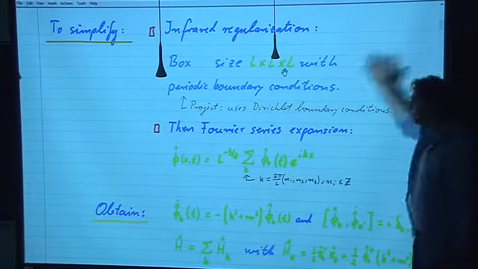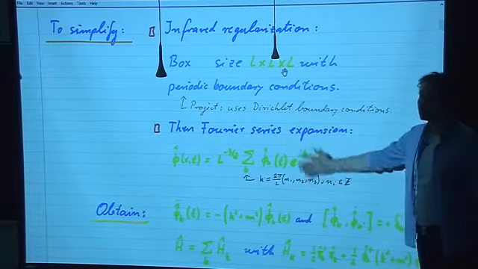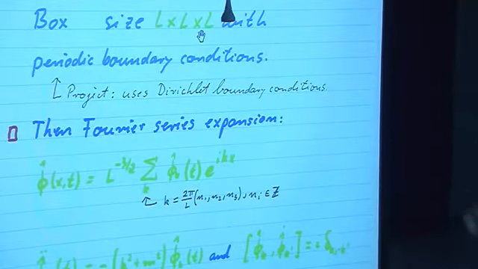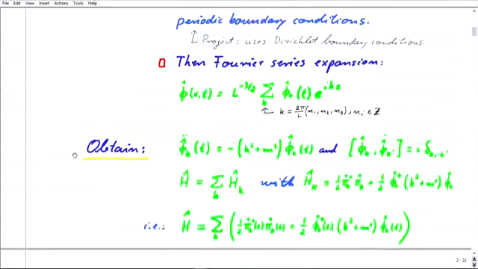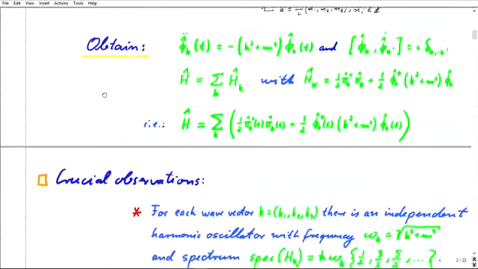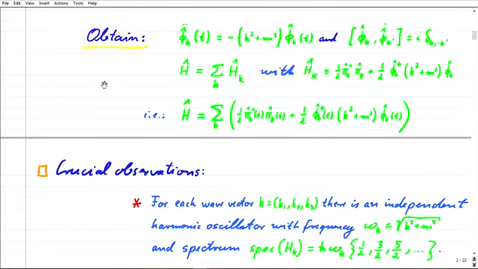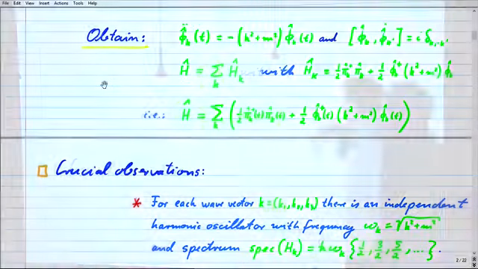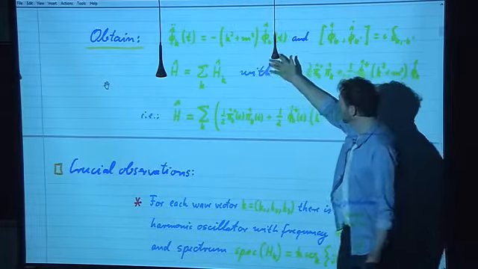Okay, but so far no particles, right? It's still just fields. We just decomposed the field into its eigenmodes, and that did not lead to the occurrence of anything resembling particles just yet. It's all just fields. So by doing the infrared regularization, putting the system into a box and doing the Fourier series transform, we then reformulated our problem in the following way.